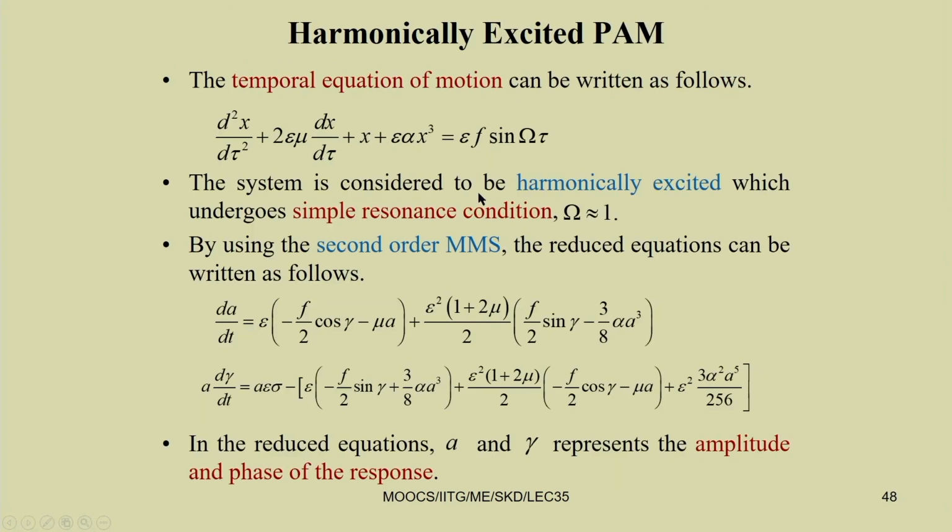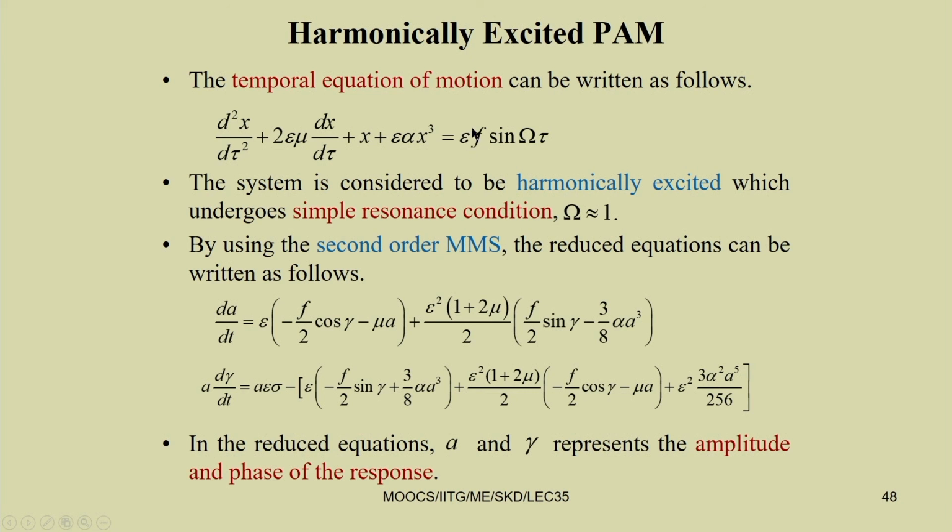Writing this way, the equation is converted to a better form which is well known to you, similar to a Duffing equation: d square x by d tau square plus 2 epsilon mu dx by d tau plus x plus epsilon alpha x cube equal to epsilon f sin omega tau. We have made the system such that the forcing is weak, with weak nonlinearity, epsilon f. If the forcing is very high, then this epsilon term will not be there.